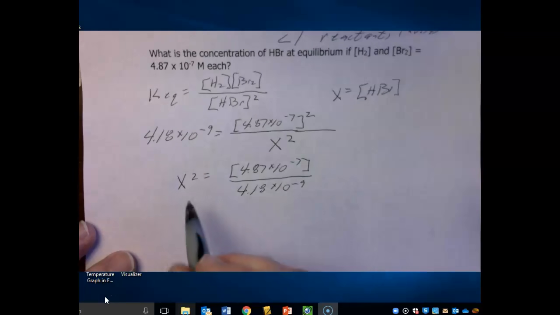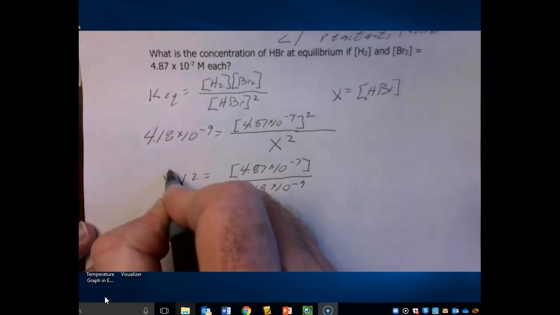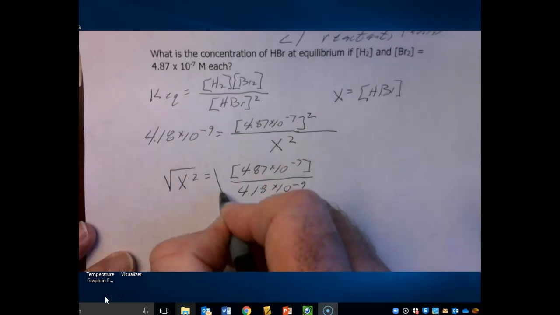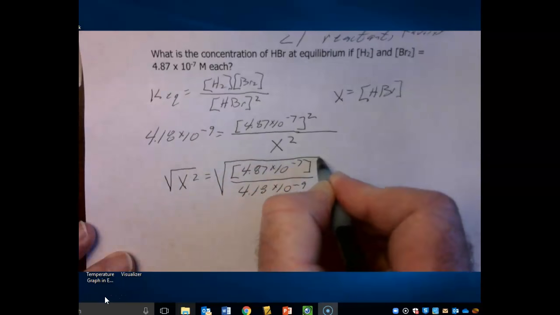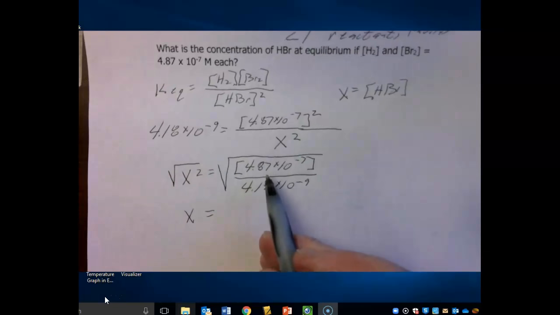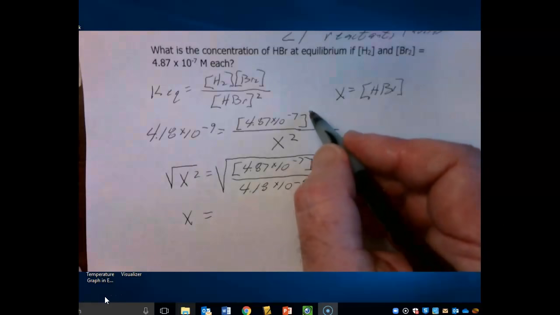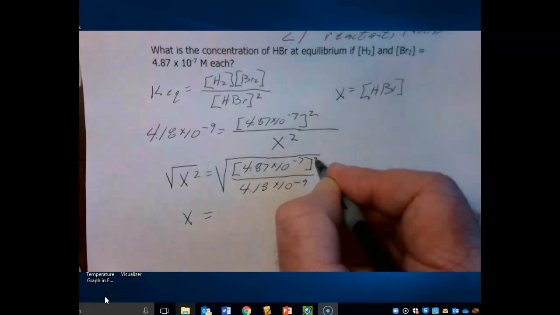But we don't want x squared, we want x. So if we just square root this, we'll get x, but what we do to one side, we have to do to the other. So x, now hopefully you have a calculator at home that does scientific notation, otherwise the math gets a little bit scary here. Now I don't want to forget that 2 here, I need that.